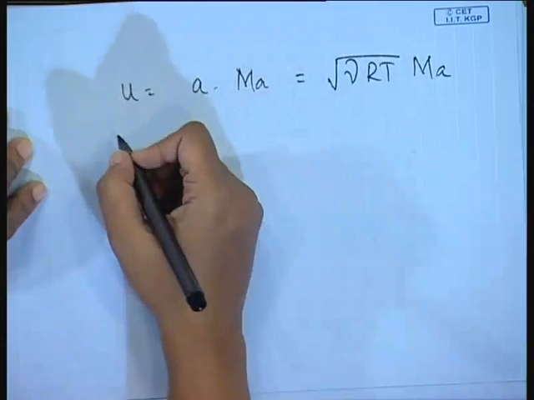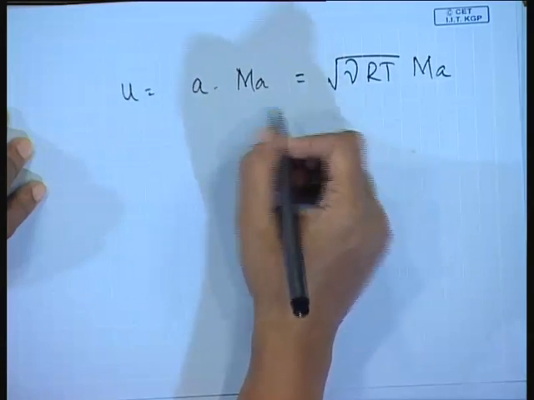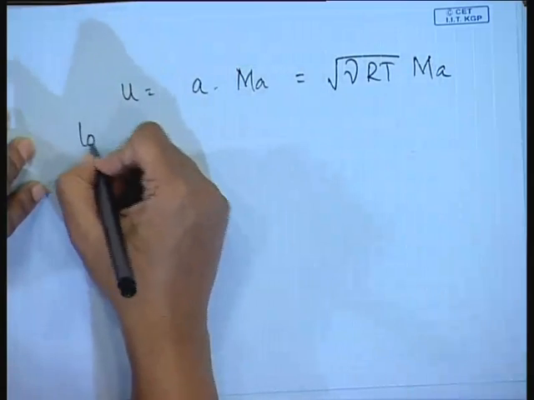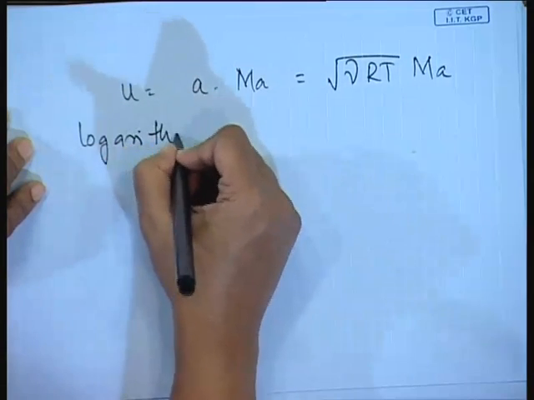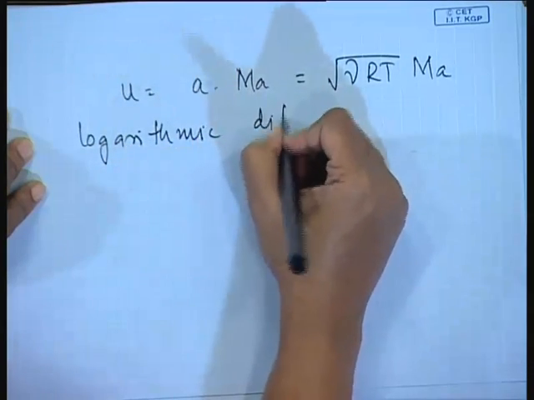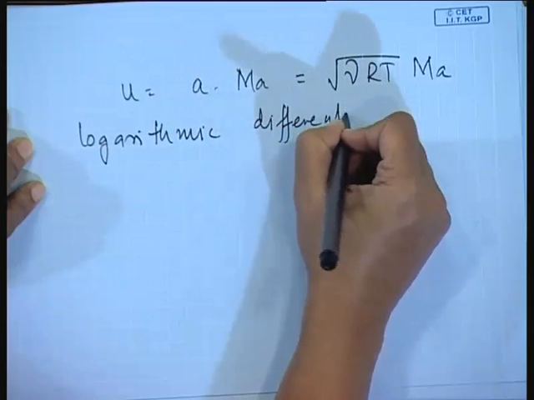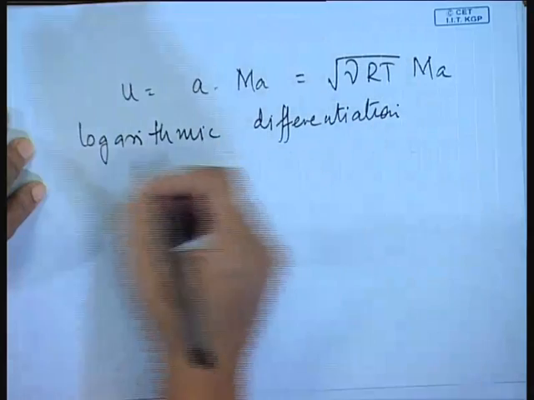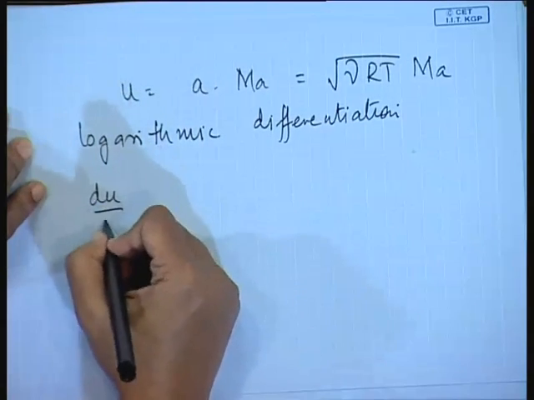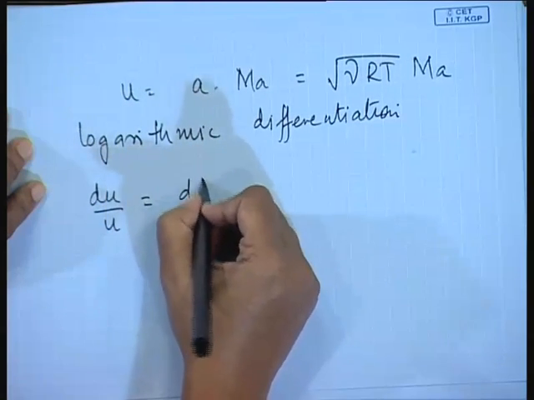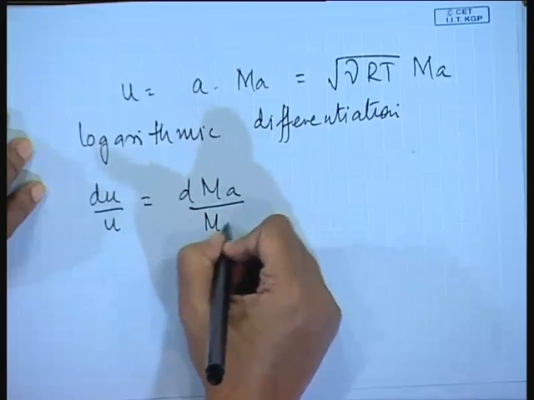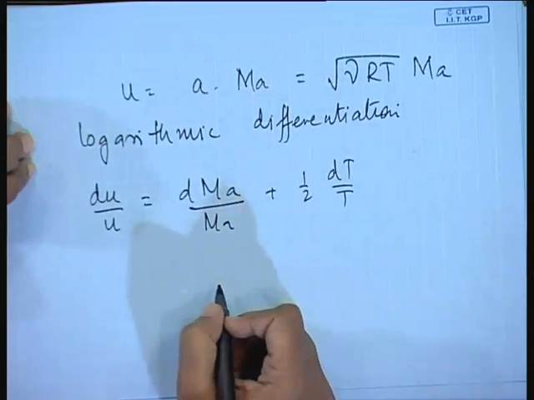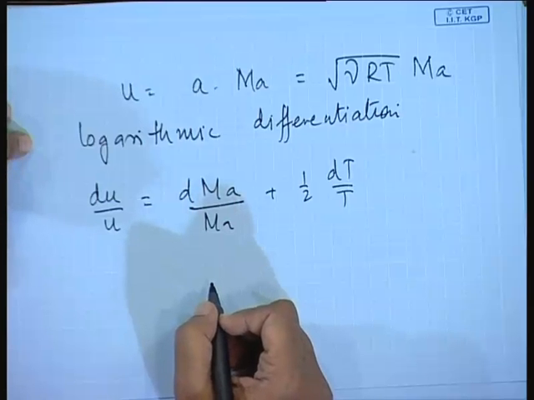Now, if we take the log of both sides and perform the logarithmic differentiation, what do we get? We get du by u equals dMa by Ma plus half dT by T, isn't it?